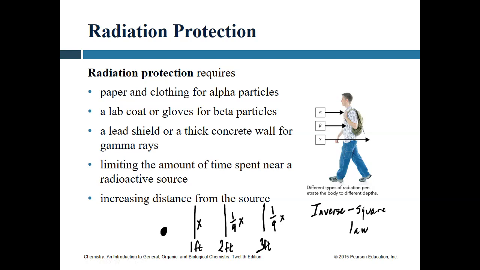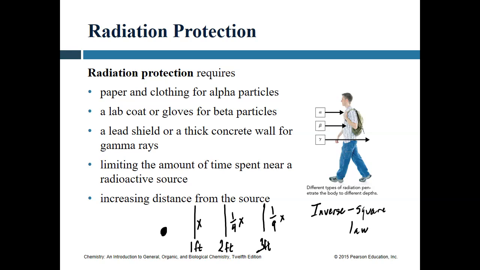And basically all that it is saying is that if you double your distance away from the source, the radiation you feel is 1/4. It's squaring that distance. So if you triple it, 3 squared is 9. The radiation you feel is 1/9 of what it was at that original distance.